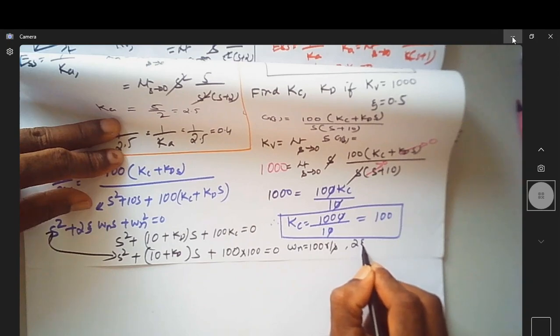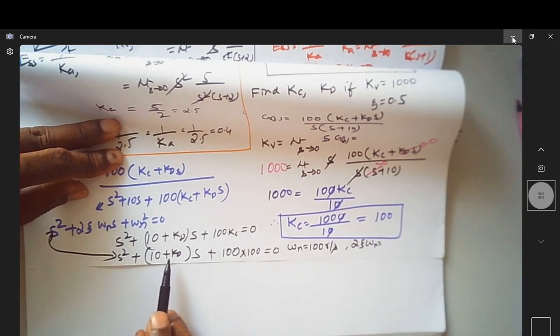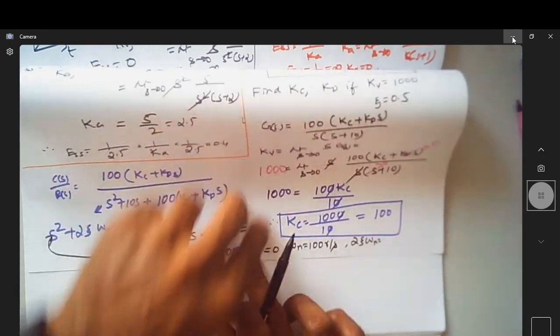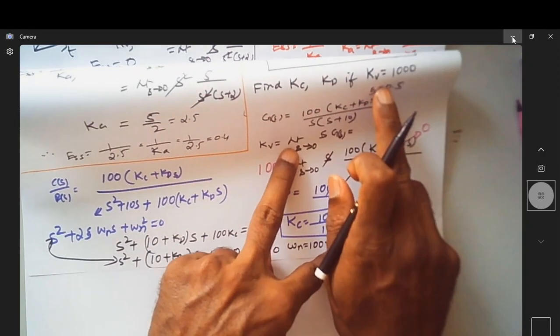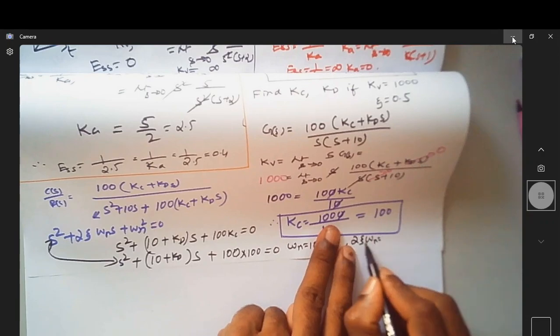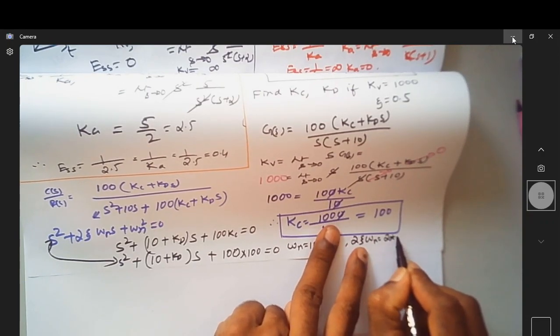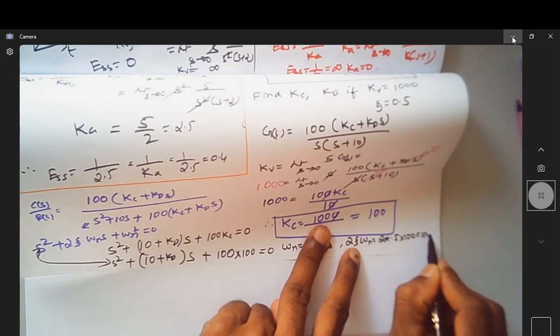So 2 zeta omega n, we know zeta is given as 0.5, omega n is 100. So is it not 2 into 0.5 into 100? This again happens to be 100.